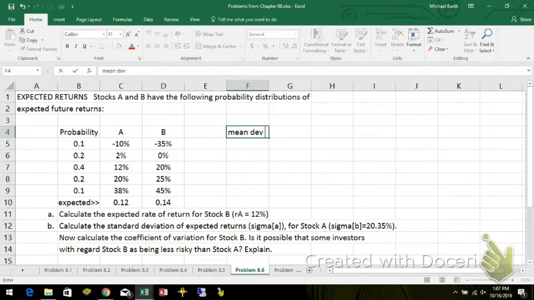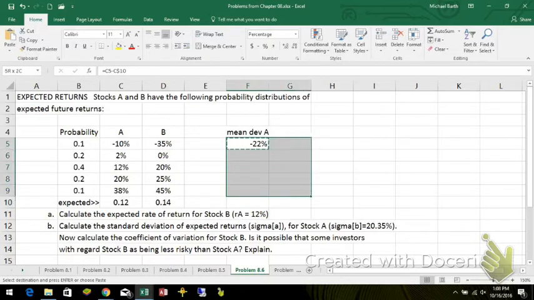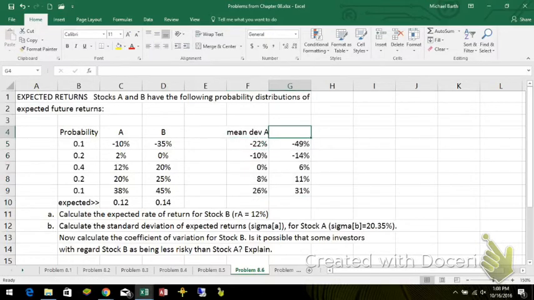Mean deviation for A, and that would be the return minus the average return. And I can do this for both, the mean deviation for B.